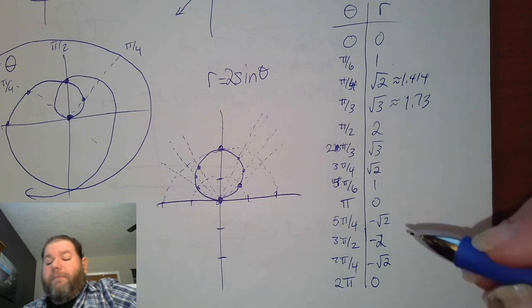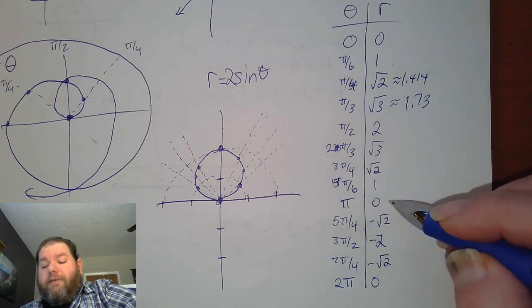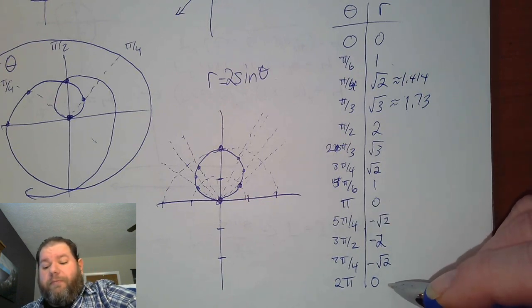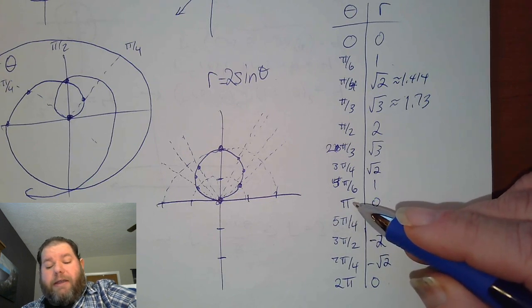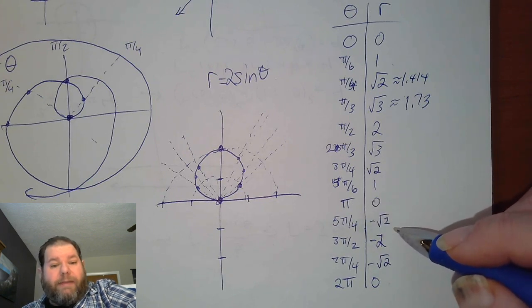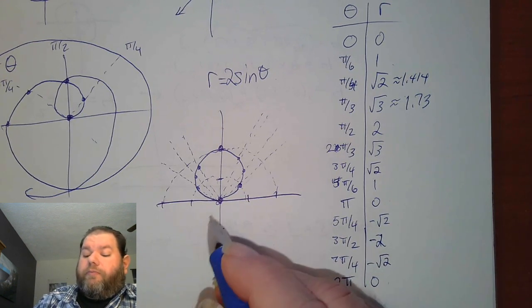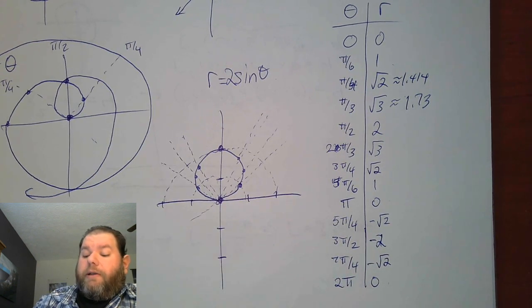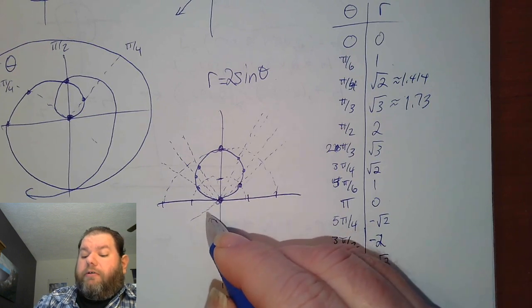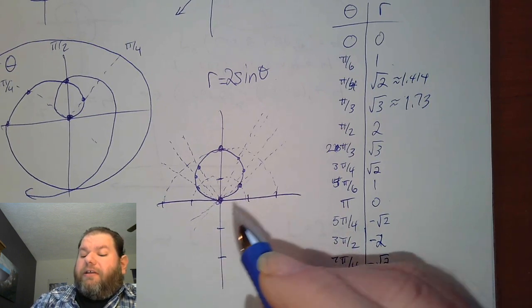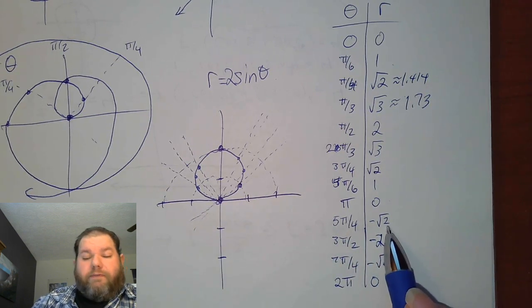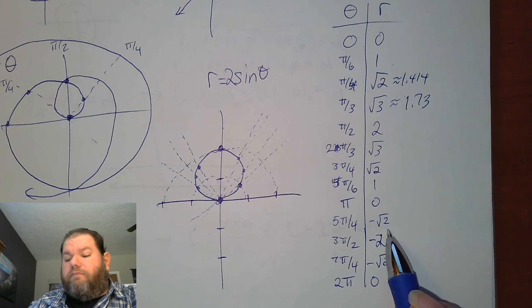Now, you might say, well, we've only graphed up to pi. What do these other points do? Well, after we get to pi, we end up graphing the same coordinates over again. 5 pi over 4 is over here, but it has a negative r.